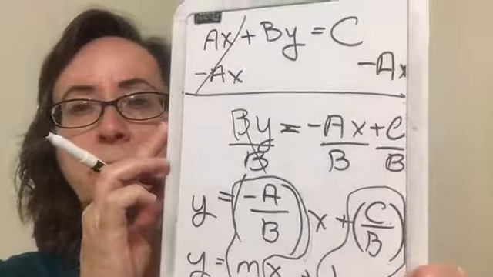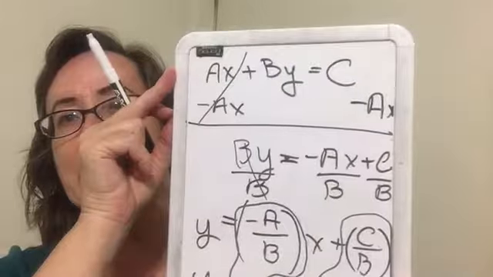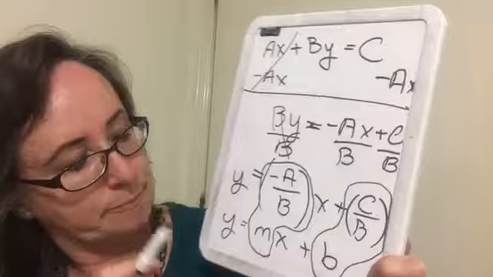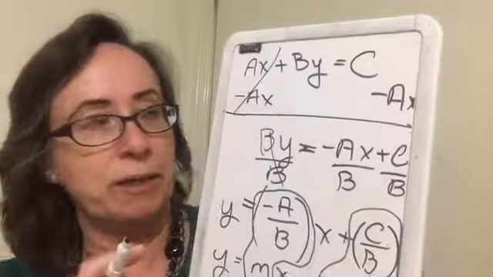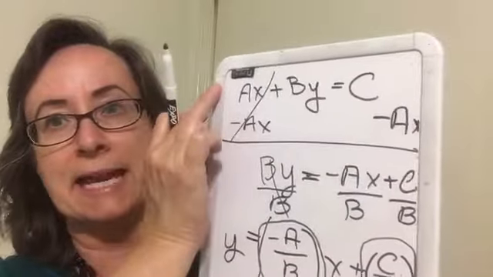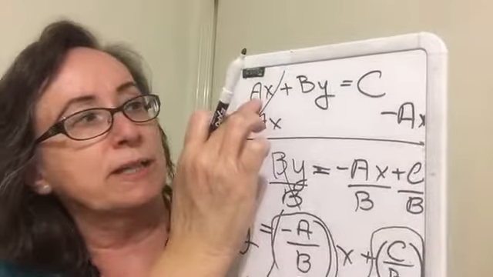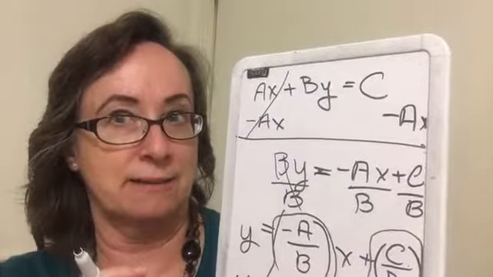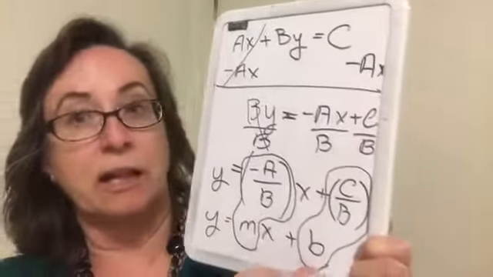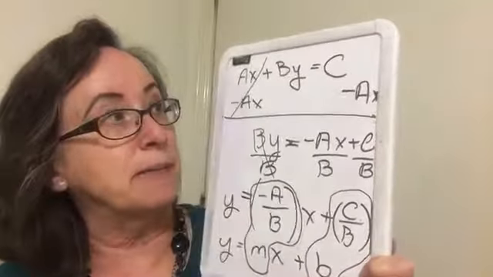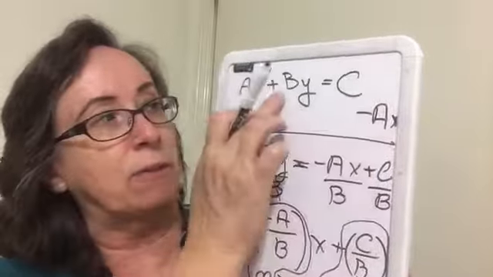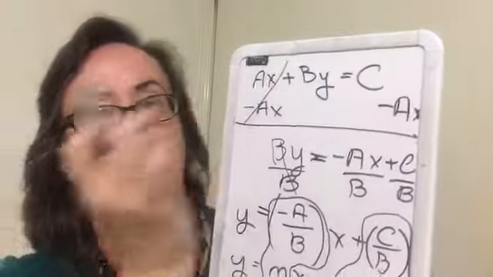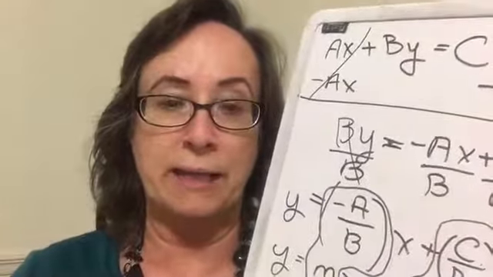In my original equation, remember, we're going back to ax plus by is c. Anytime we do that, we know the slope of this line is -a over b. Whatever is here divided by whatever is here with the opposite sign. Okay, and then the little b, which is the y-intercept, is always going to be this value over the b. So c over b is always my y-intercept.